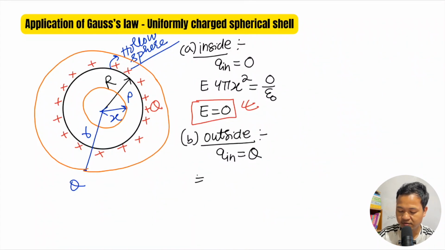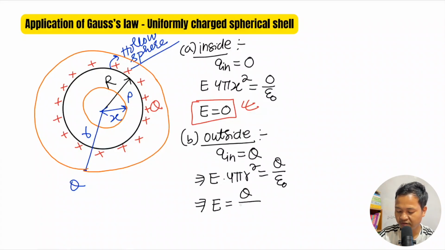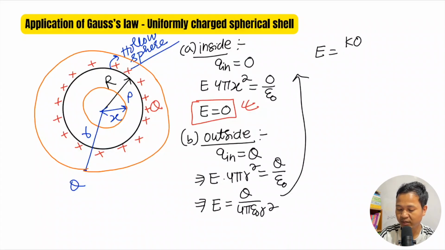So E into 4 pi r square should be equal to Q by epsilon naught. So how much will you have? Q by 4 pi epsilon naught into r square, that is K Q by r square. So what is the meaning of this?